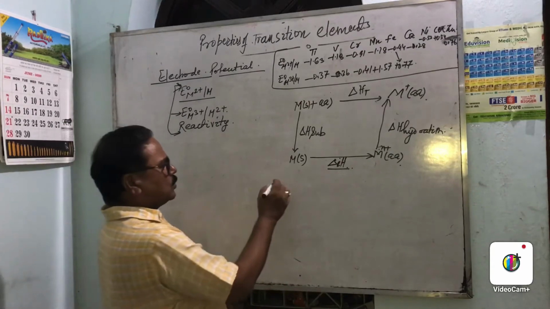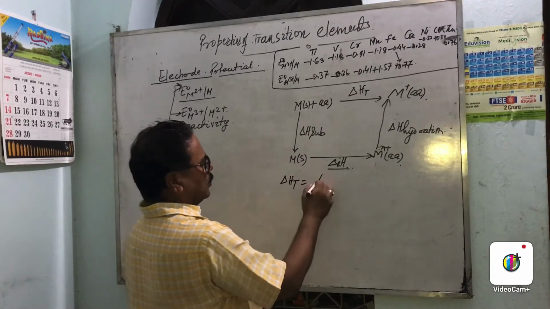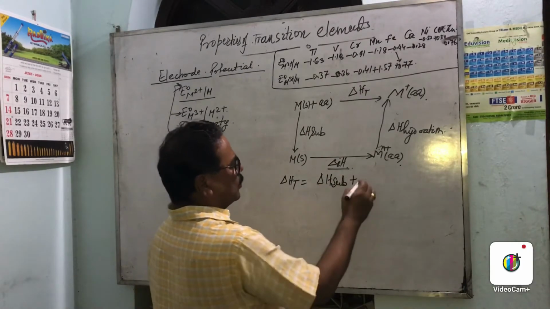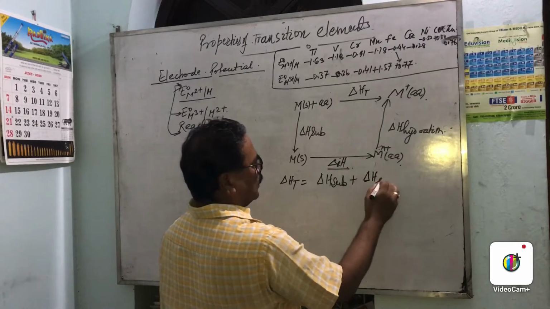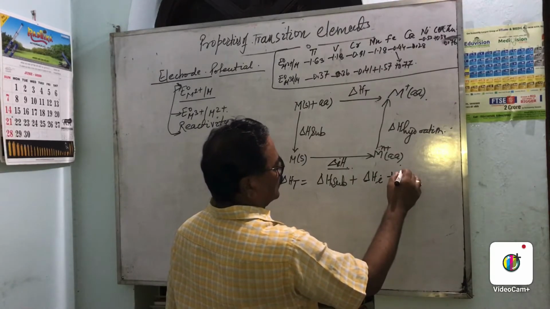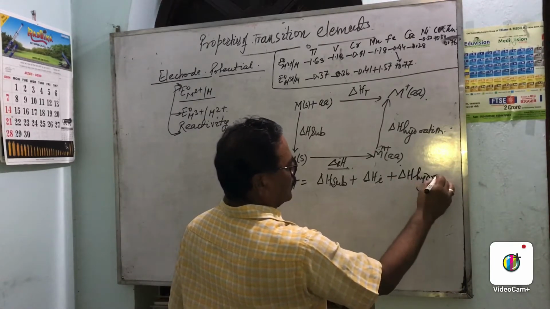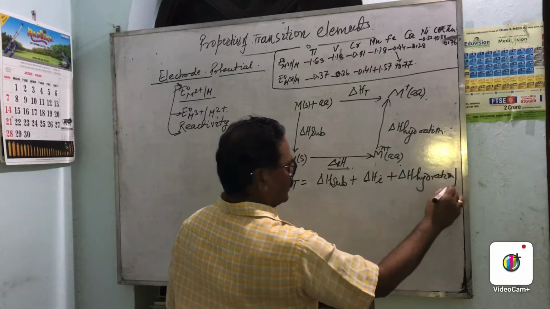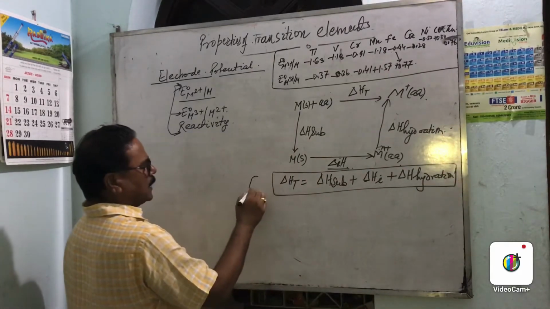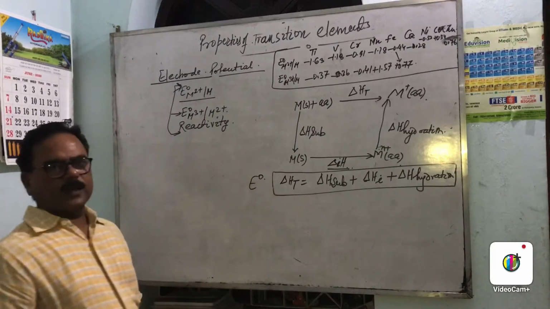Now the total enthalpy change, delta HT, depends upon delta H sublimation, delta H ionization, plus delta H hydration. This is a very important line, and this total enthalpy change will decide the value of the electrode potential if it is in standard condition.